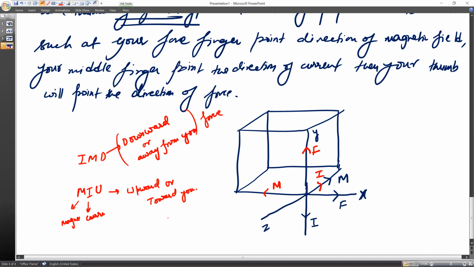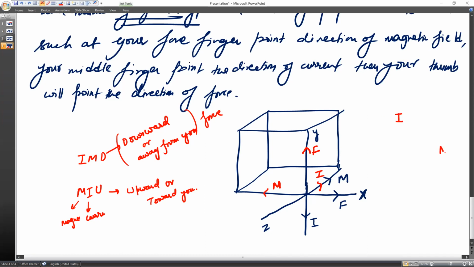Now there is a rule for this. Either you have to use the rule IMD or you have to use MIU. The simple trick is that whatever the plane you are choosing, you have to choose the shortest path. Like this is the I and this is the M direction.